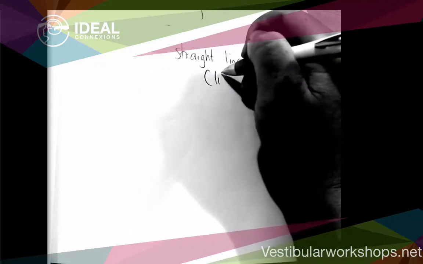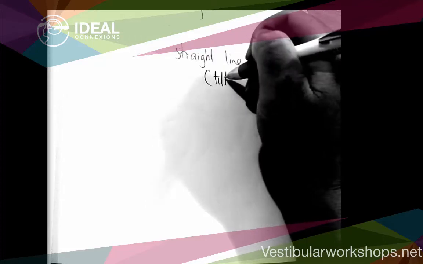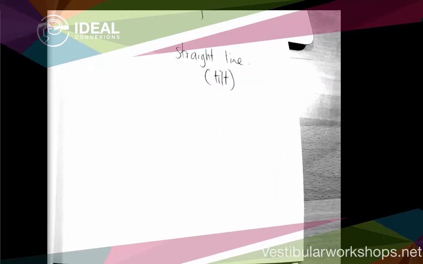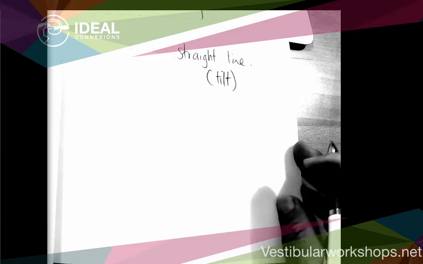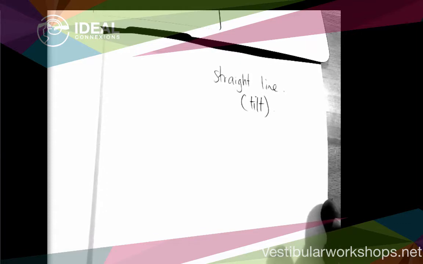The second type of signal is, am I moving in a straight line? And this one's also tilt, because the very nature of this receptor means that if you move it one direction or the other, it'll do the same thing as if it's tilting.